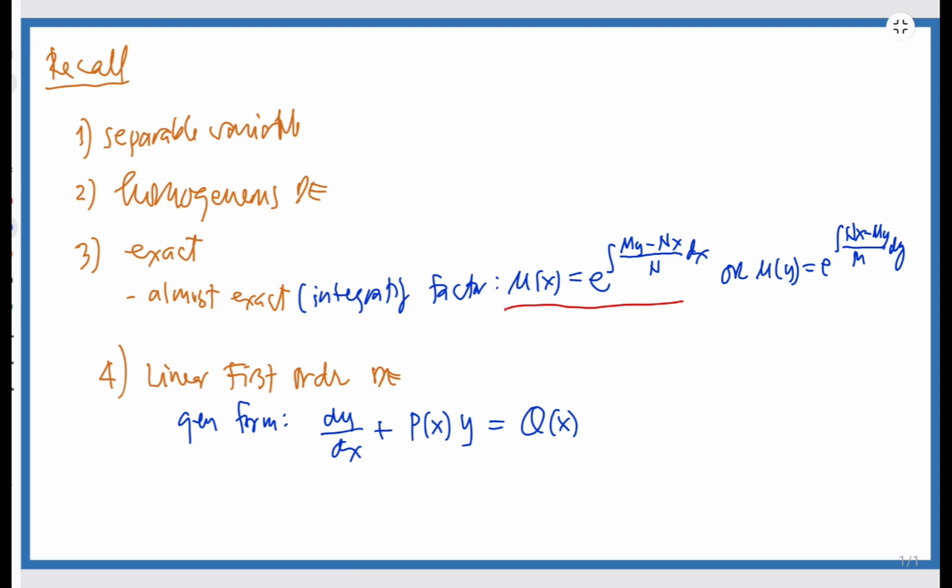To solve this, we will also use an integrating factor. The integrating factor is solved by, again, raising to power the constant e, and the power is the integral of p of x dx, which is this p of x.